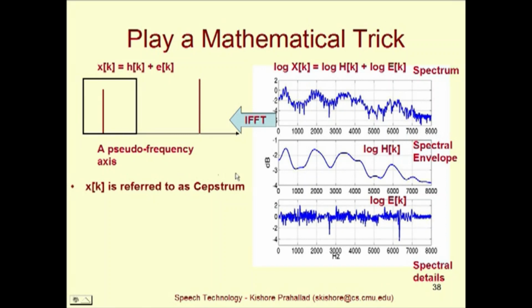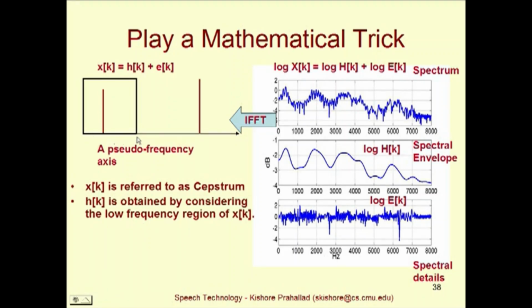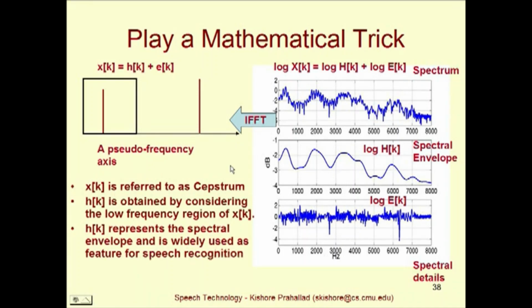So you get the cepstrum, and you can obtain h of k by considering the low frequency region of x of k. h of k represents the spectral envelope and is widely used as a feature for speech recognition.